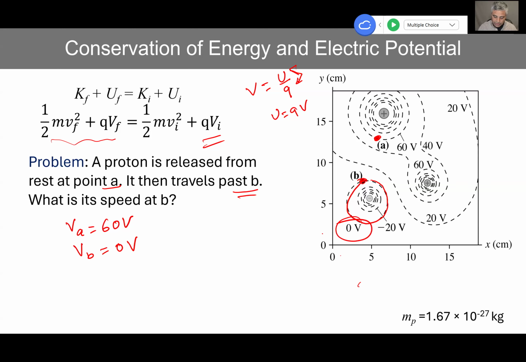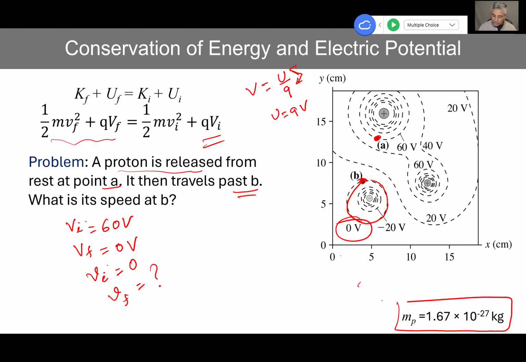So 0 volts at B. It is released, so the initial speed at A is 0, and it's asking for the speed at B. You can write it in terms of i and f, which is going to be easier.